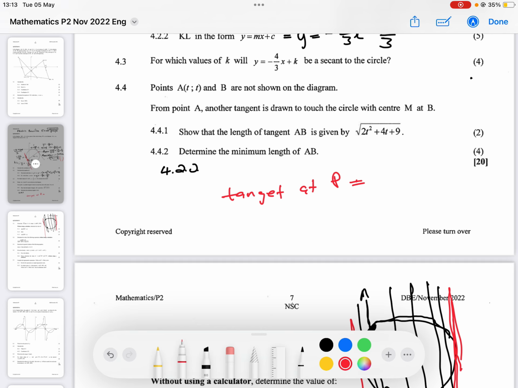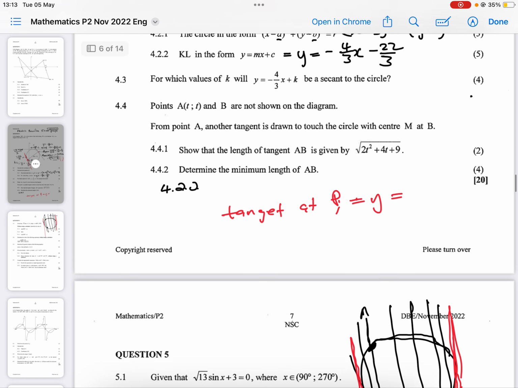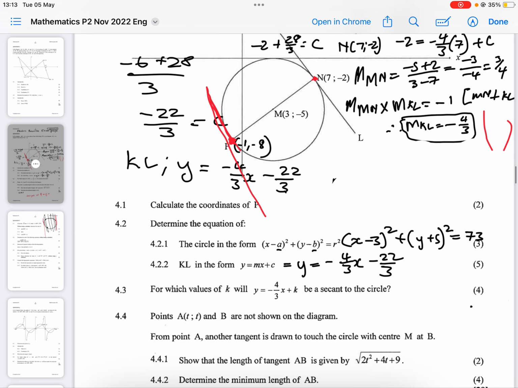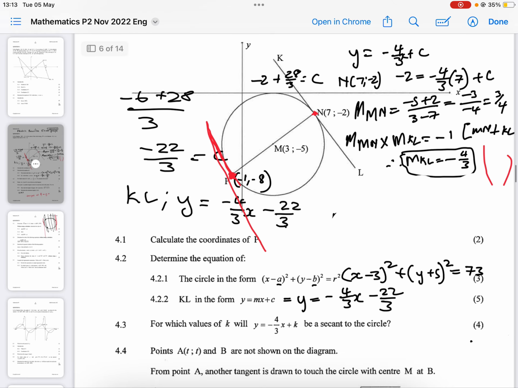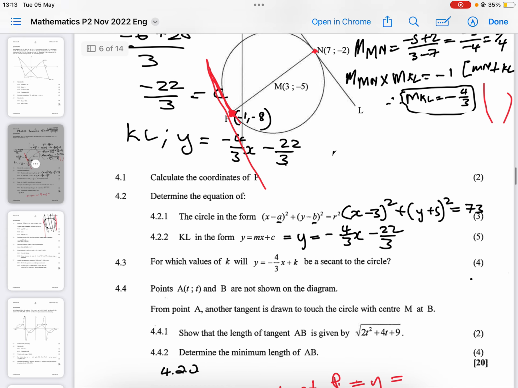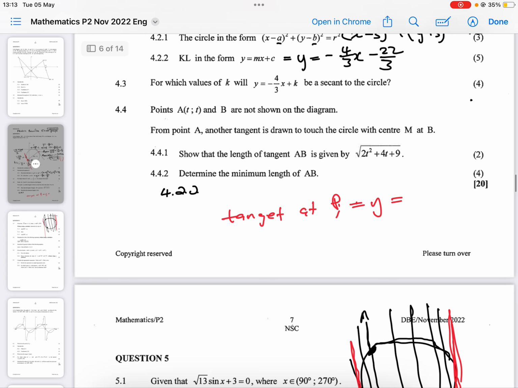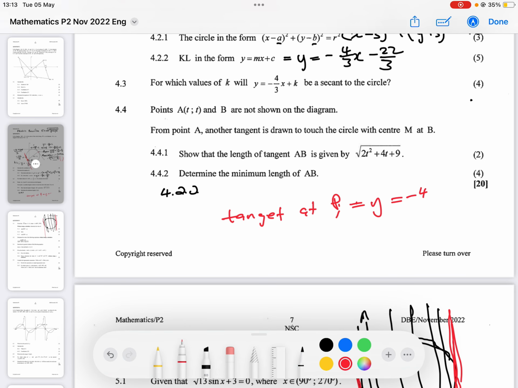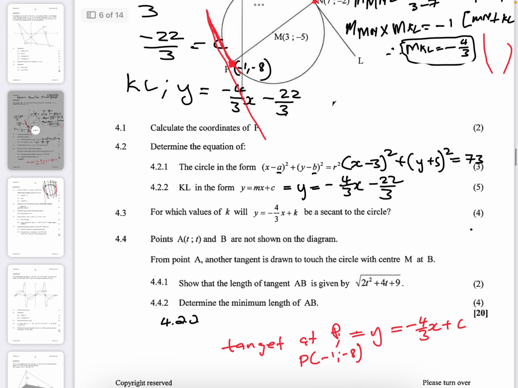Now the tangent at point P will be y equals, they must have the same gradient. So the gradient was negative 4 over 3x, then you don't have a C. Now use the coordinates of P, which is negative 1 and negative 8.